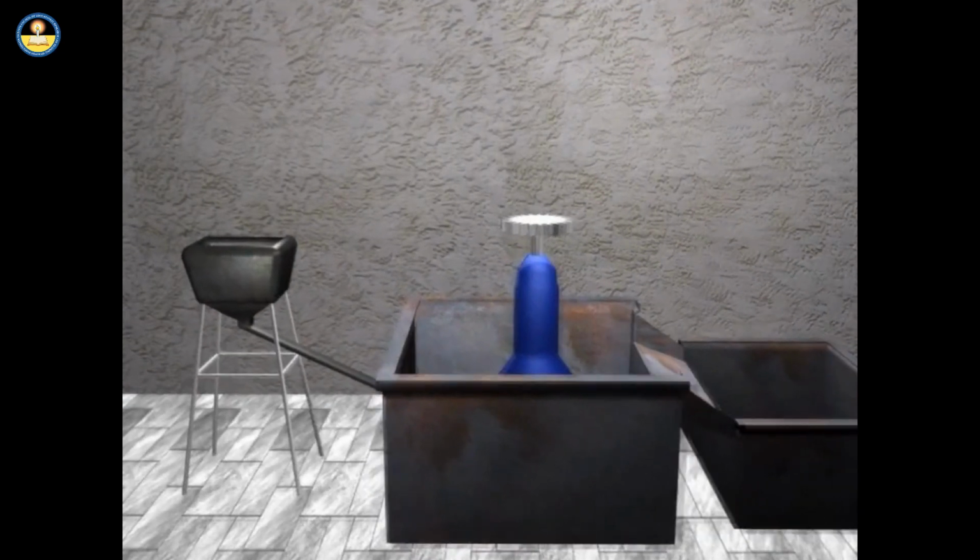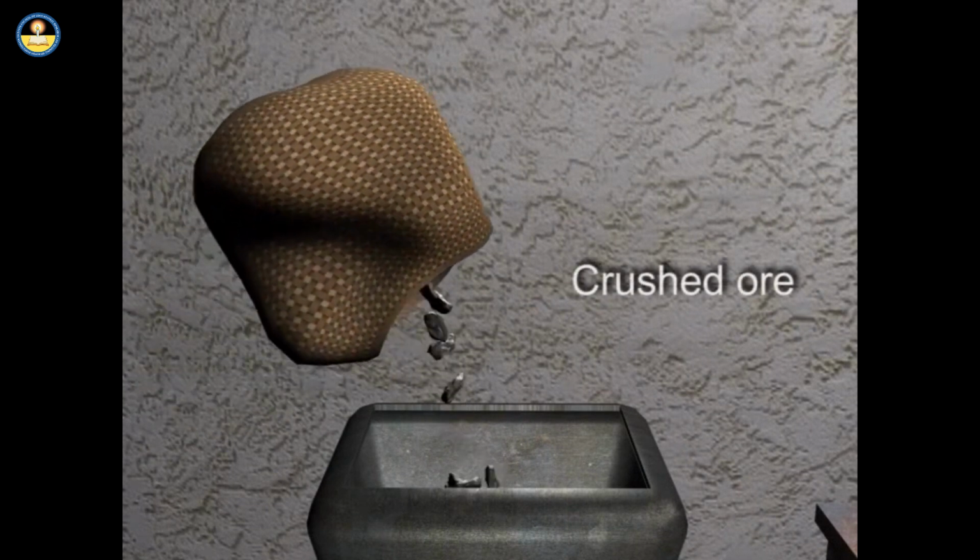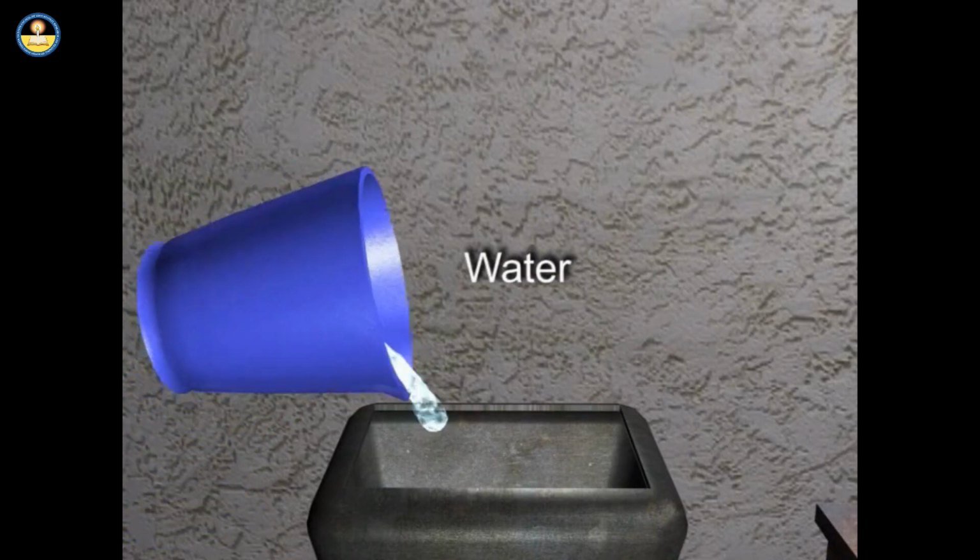We will now learn about the next process, that is, froth flotation process. This method is used for concentration of sulfide ores. This method is based on the preferential wetting properties of the ore with frothing agent and water. The crushed ore is added into a tank along with water and oil as shown in the animation.